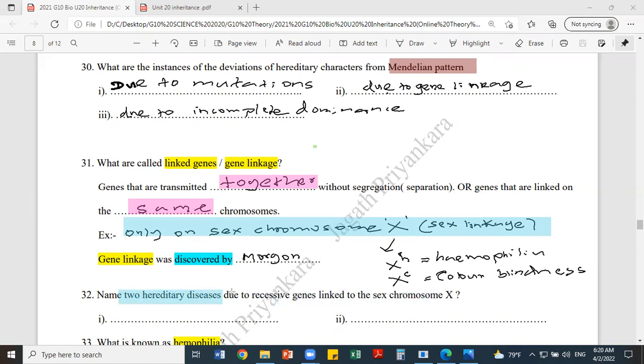Simple h, that is the recessive gene. We represent a recessive gene by a simple letter of the English alphabet, and this recessive gene is linked on the sex chromosome X. First one: hemophilia. Sometimes it's called sex linkage.